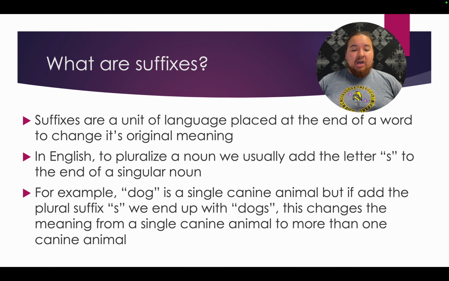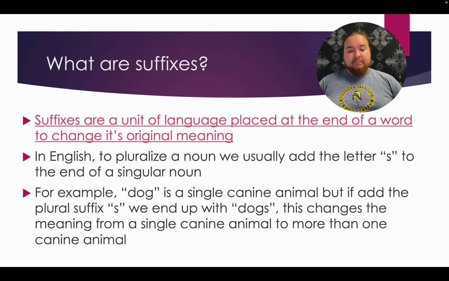For example, dog is a single canine animal, but if we add the plural suffix S, we end up with dogs. This changes the meaning from a single canine animal to more than one canine animal. So again, for your notes, I've indicated the point to write down in your notes for the work this week. All right, let's move on.